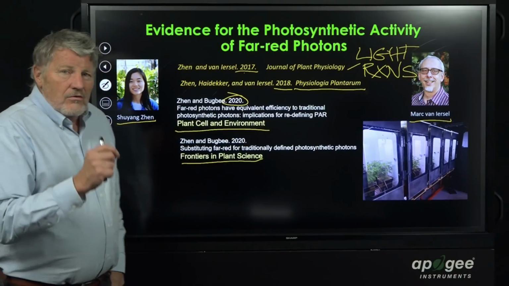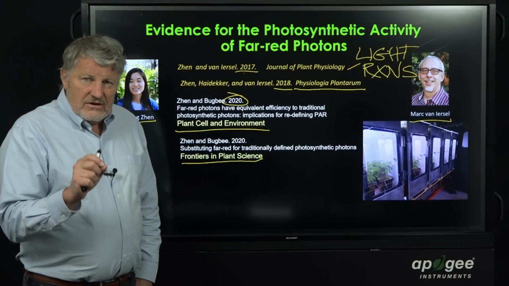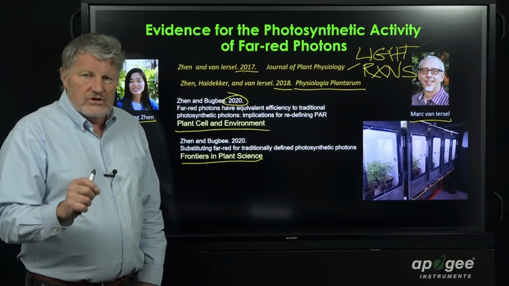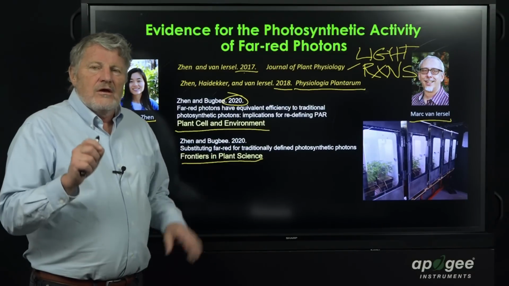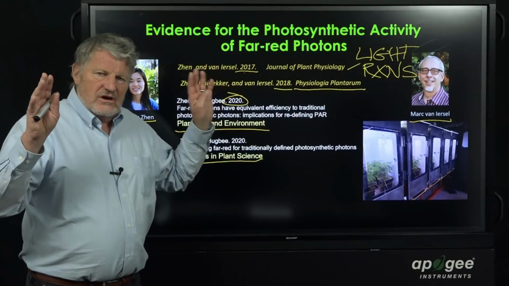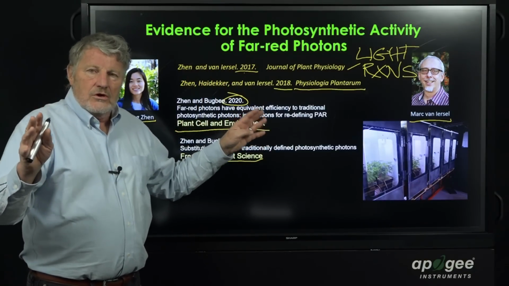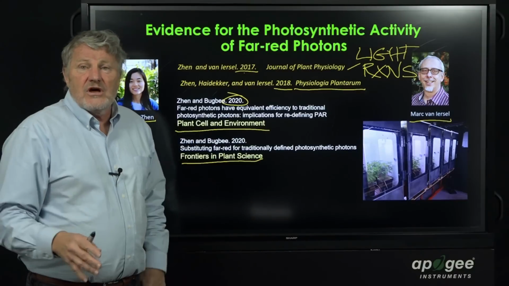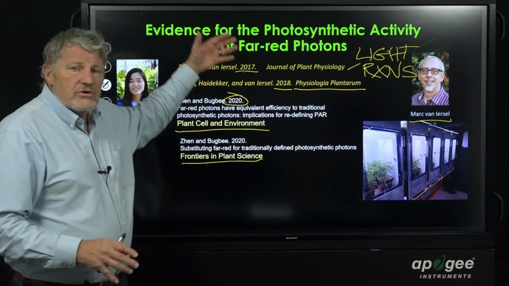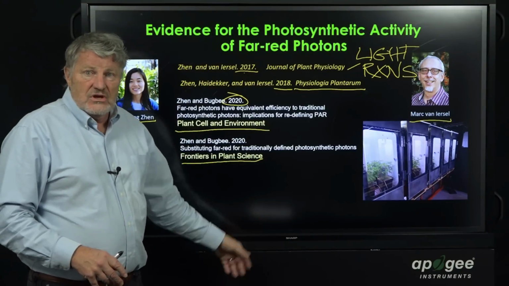So we got 4 significant journal articles now from 2 different laboratories showing the value of these. Because of this work, most colleagues have now switched to including photons up to 750 nanometers as photosynthetic when they're doing studies in controlled environments.